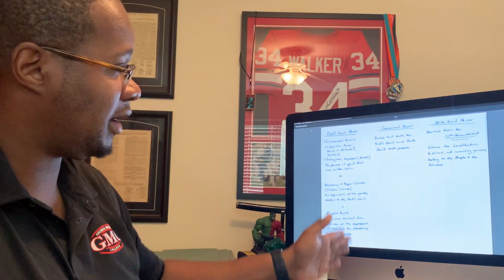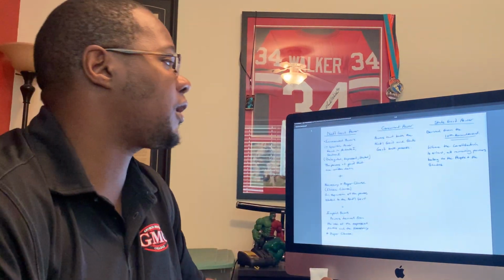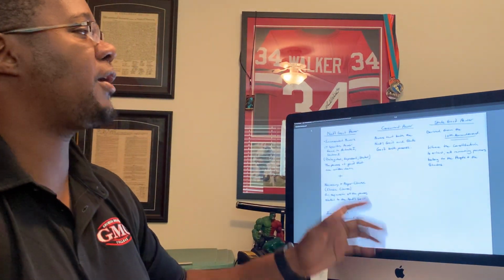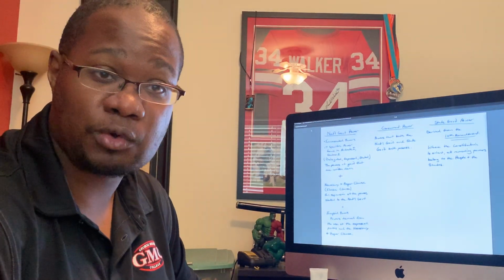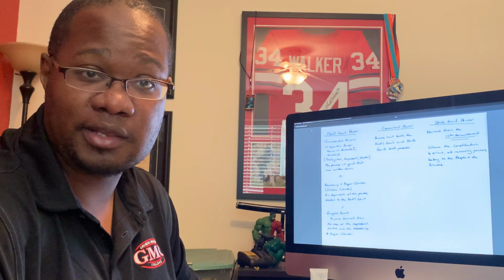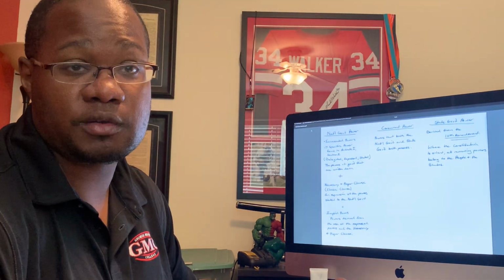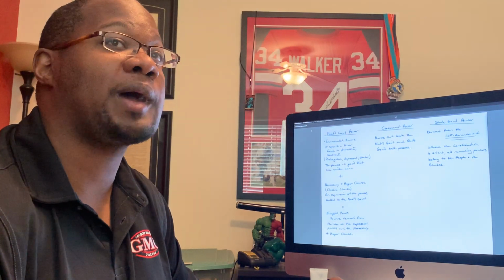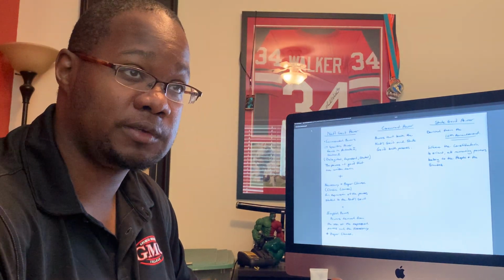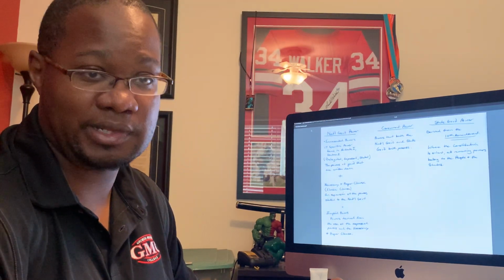That's national government power. So let's go to the right side of our column. Our state government power. State government power is derived from the 10th Amendment. Again, where the Constitution is silent or does not give power to the national government, all remaining power belongs to the people and the states.